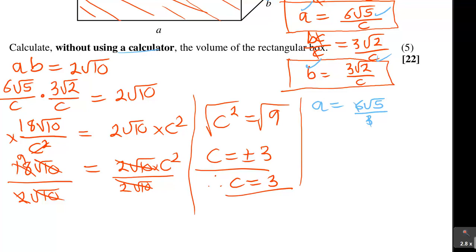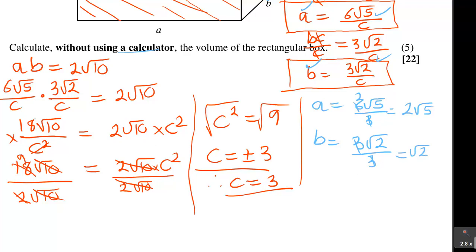You cancel there, 2, so A is equal to 2 root 5. Again with B, B is equal to 3 root 2 over C. Now substitute C with 3, so B is equal to root 2.